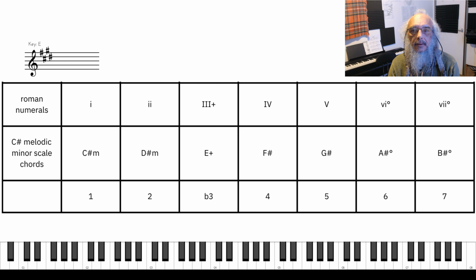Anyway, to create the melodic minor, we raise the 6th as well as the 7th, which produces these chords: 1 minor, 2 minor, 3 augmented, 4 major, 5 major, 6 diminished and 7 diminished.